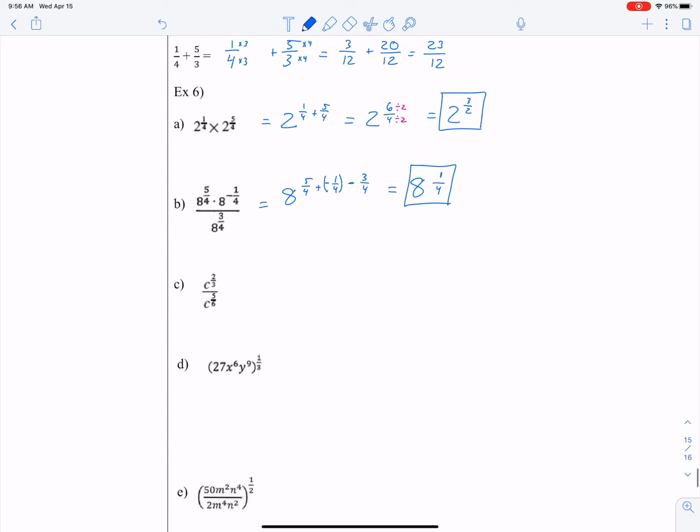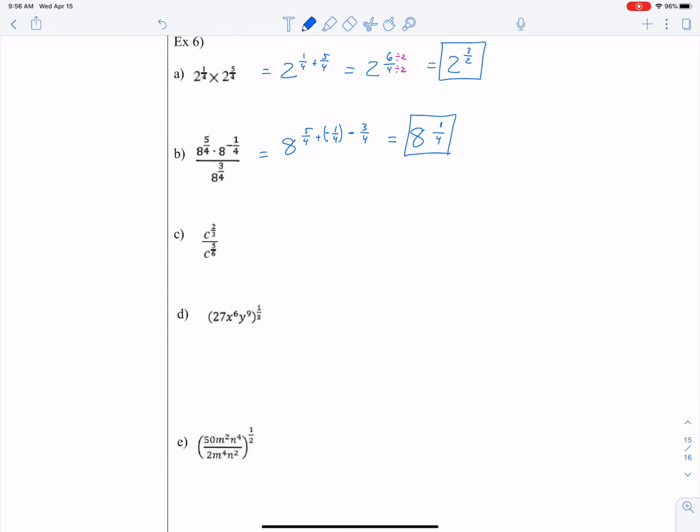Okay. Next one here, we have c to the 2 over 3, and this is subtracting, so we're going to do minus 5 over 6. So in this case, we do not have a common denominator. So we need to convert these so that they're a common denominator.